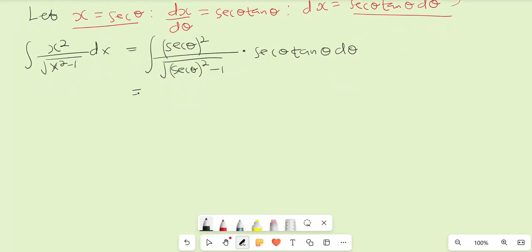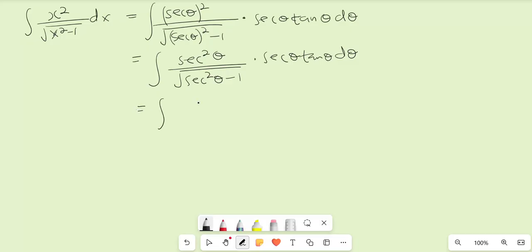So let's simplify this one out. The integral of this is secant squared theta over the square root of secant squared theta minus 1 times secant theta tangent theta d theta.